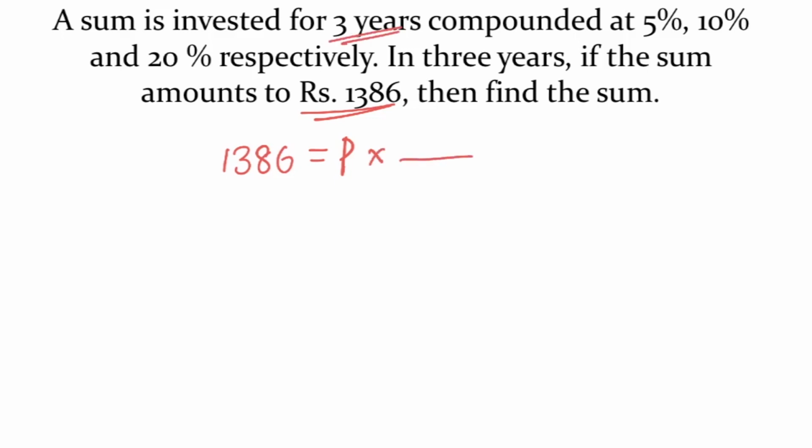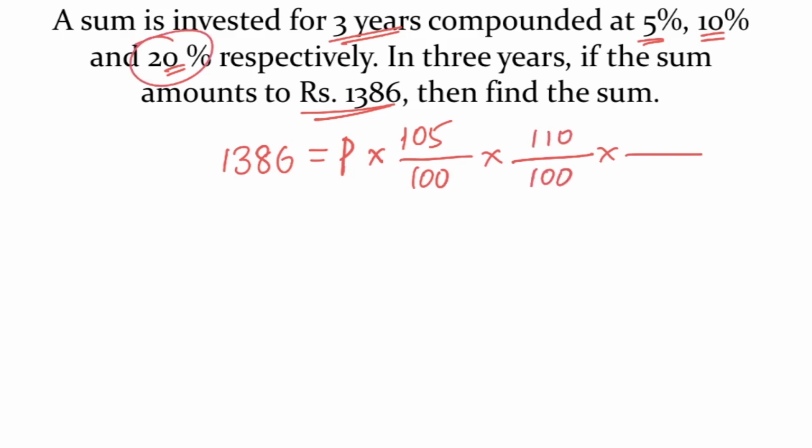So you need to compound thrice, and rates of interest are different. Unlike previous problems, here rates are 5%, 10% and 20% for successive years. So first year 5%, 105 by 100. In second year 10%, 110 by 100, and third year 20%, 120 by 100.